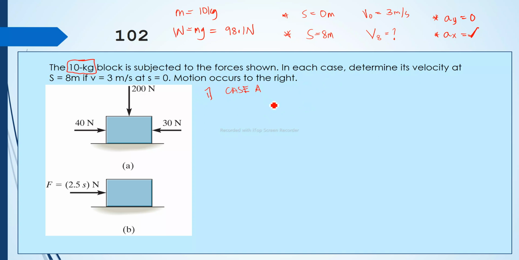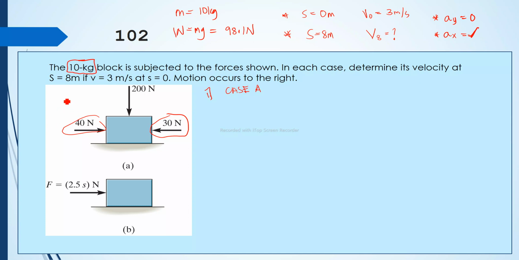First is to draw the free body diagram. Now, in case A, you notice that there are two horizontal forces acting on this body. We have a 40 and 30, and they are opposing. So to have an easier plotting of forces in our free body diagram, you just determine the remaining force.